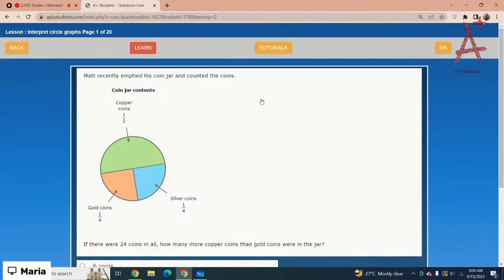If there are 24 coins in all, how many more copper coins than gold coins were in the jar? You are given the graph: half are copper coins, one fourth silver, and one fourth gold. The total is 24. You need to calculate how many more copper coins than gold coins there are. So half of the 24 are copper coins, correct?